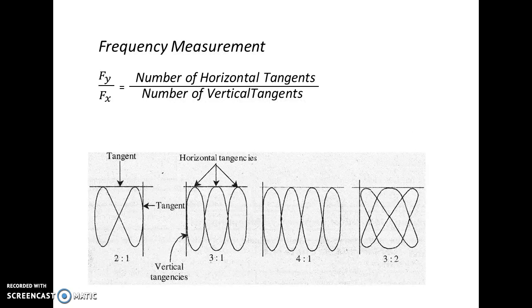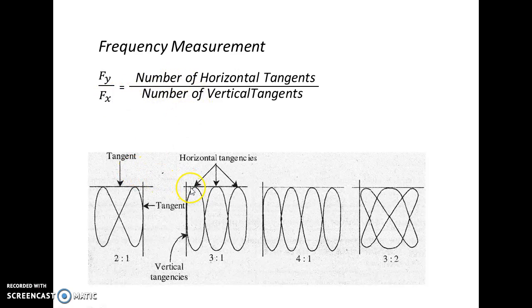Coming to frequency measurement, this is another quantity that can be measured by the Lissajous patterns. This is a formula that can be used where Fy is the frequency of the signal applied at the y plates, and Fx is the frequency of the signal that is applied at the x plates. Number of horizontal and vertical tangents.